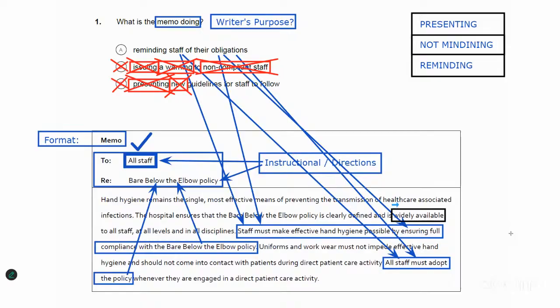Presented long before. So this policy, what is the policy? The bare below the elbow policy, presented here, widely available, already presented before.